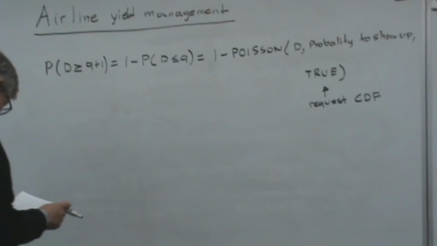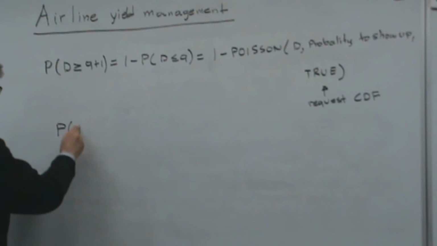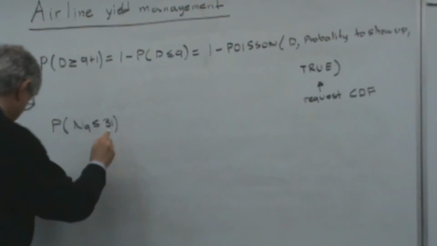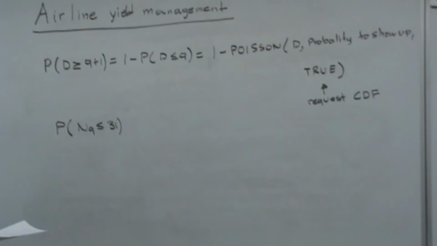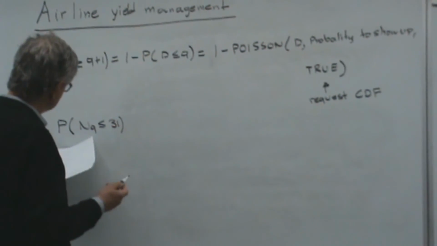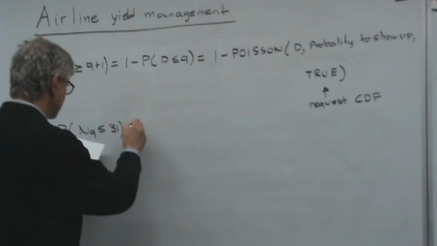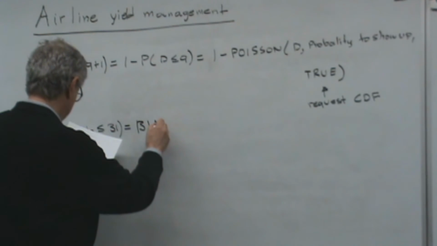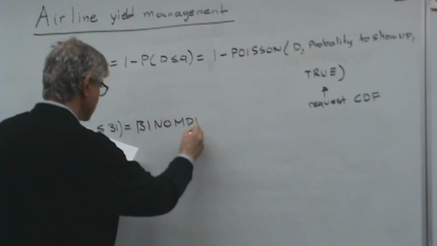The probability that NQ is less than 31, the number of people who reclaim their seats, is binomial, so we use the binomial distribution, and this is the notation in Excel.